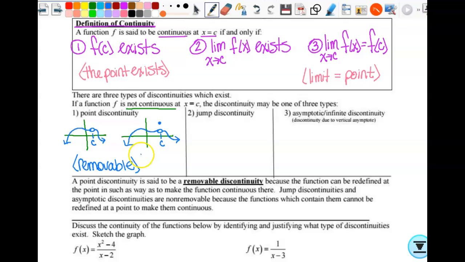This one fails on number 3. Okay? So this one's usually the easiest one to check. That's why we check it first, and then we just kind of go from there. All right. Jump discontinuity. Look like this. We could have, right, make this c.